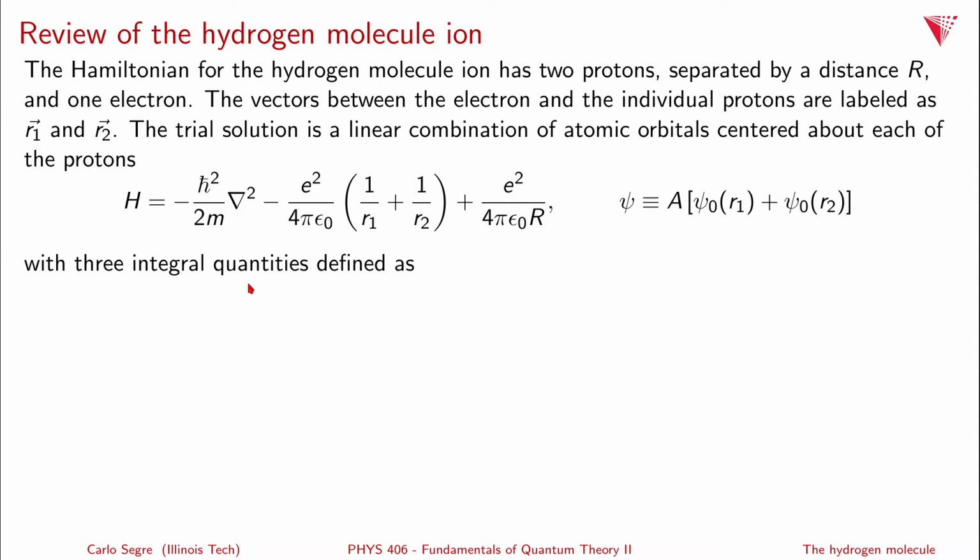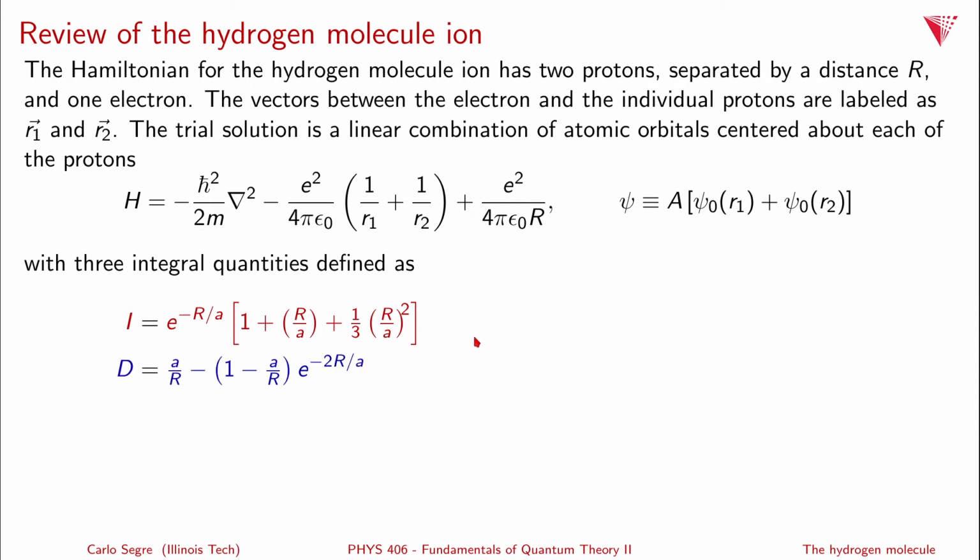And from this, we derived three integral quantities. One, from the normalization, is called the overlap integral, defined as I, which is e to the minus R over a, times 1 plus R over a plus 1/3 R over a squared. And then for the potential energies, we had two integrals.